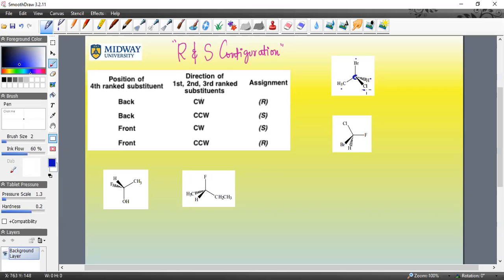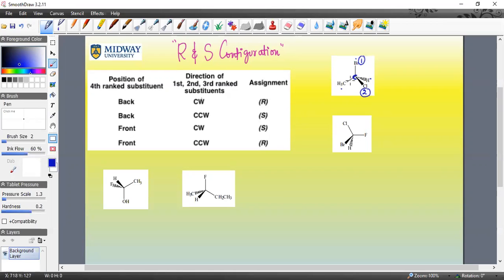Now, if you look on the periodic table, bromine has the highest atomic number, so that's 1. Chlorine has the second highest atomic number, 2. Now, when you come to cases like this, this is a CH3. You don't add this up to be 15, at least not in this case, unless I tell you to.